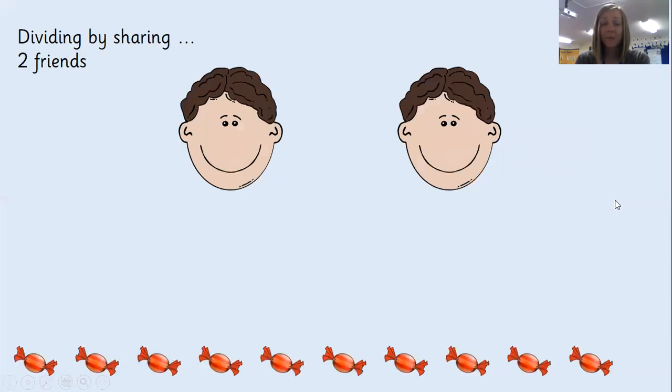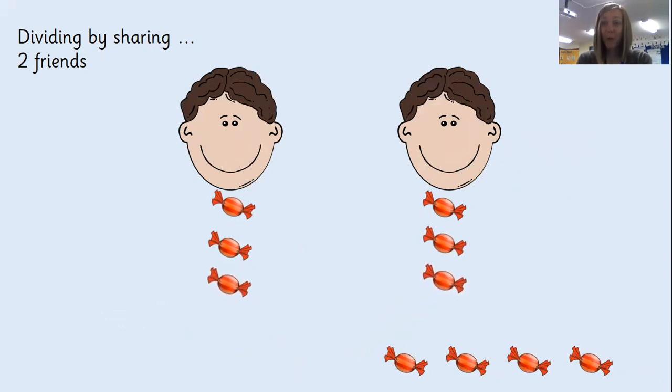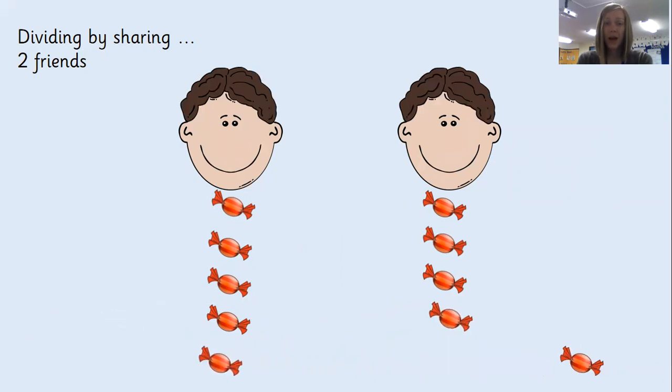And we had a go at going 1 for you, 1 for you, and I keep going until I've shared all of my sweets. 1 for you, 1 for you, 1 for you, and 1 for you. There's no more to share.